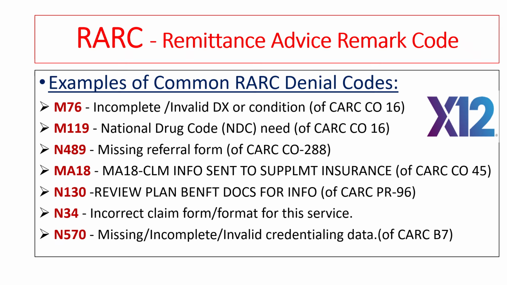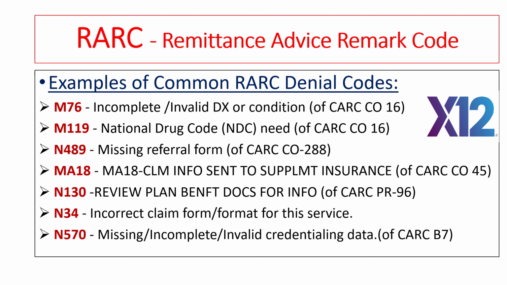So the national drug code is needed. For example, remark code M119 tells that the NDC code is missing or required to process this claim. If the denial code is CO16 and the remark code is M119, we have to understand that the drug code is missing.